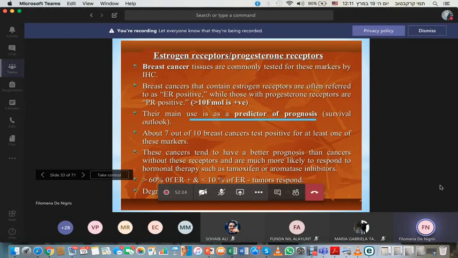Generally, estrogen receptor and progesterone receptor for breast carcinoma can be monitored directly by immunohistochemistry on biopsy from patients.